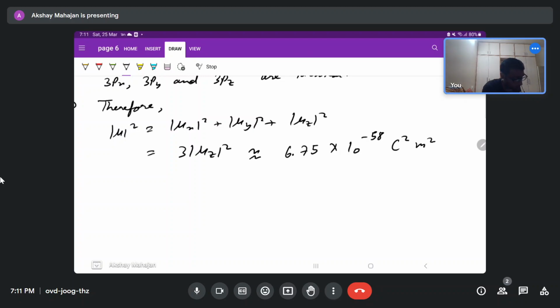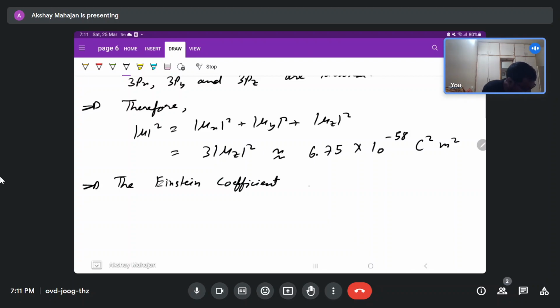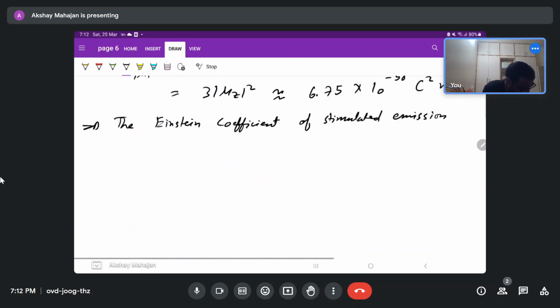Alright, so we have found this new square. So now the Einstein coefficient of stimulated emission will be given by, I'm denoting this by just B, so we know that they are just B and A only.